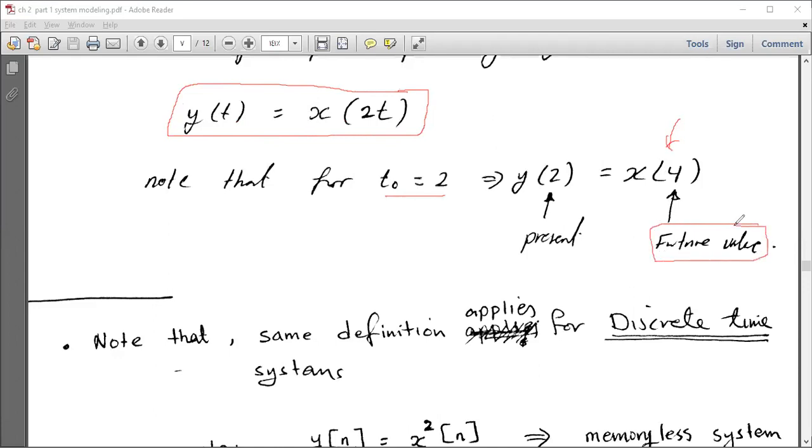You can see this is a future value. It participates in deciding the present value of the output. You are at present, t equal 2, and you take from the future value to decide the present value, which needs memory.